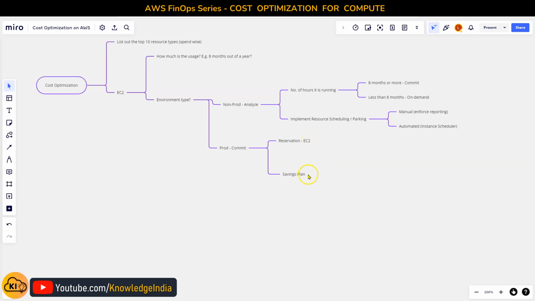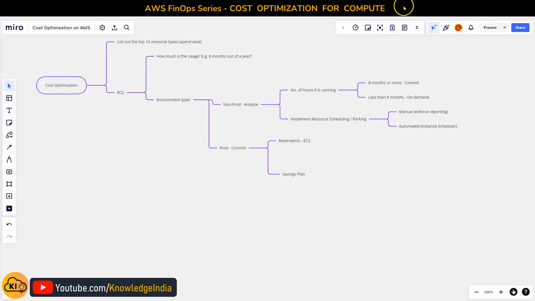The thing is, you will save the same amount if you go for, let's say, regional reservation and a particular type of savings plan. I think it would be good if we see that with an example.